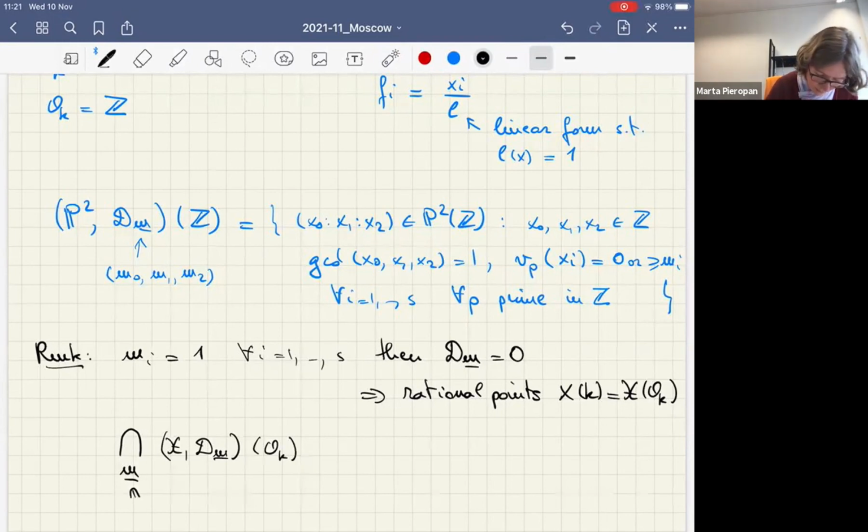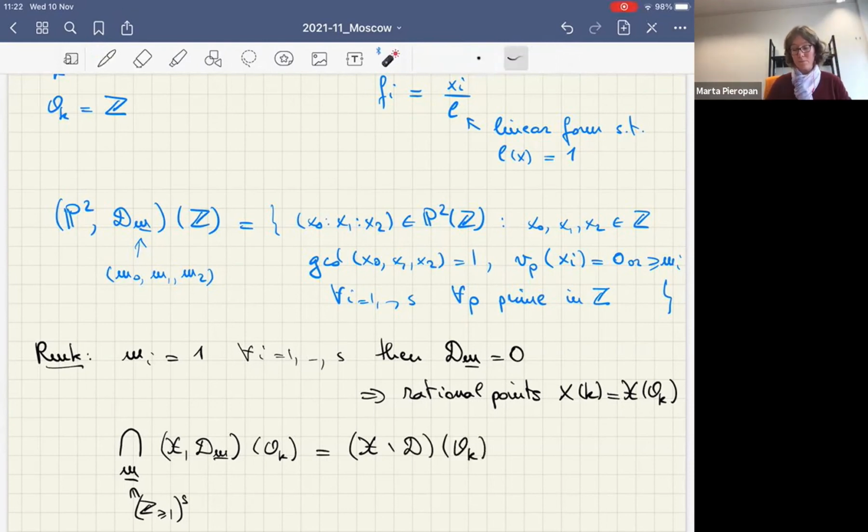And recall that these m's here are just tuples of positive integers. So this intersection ends up being the set of integral points in the complement of my divisor D.